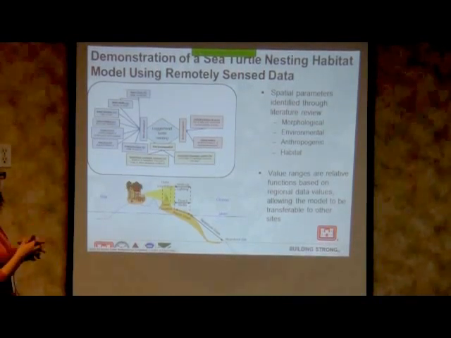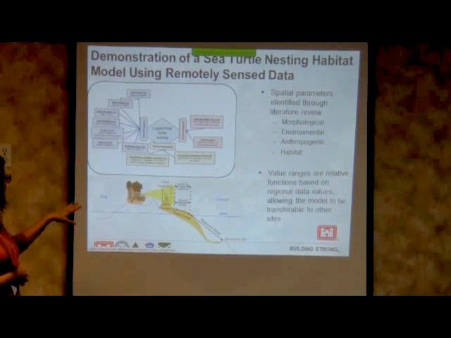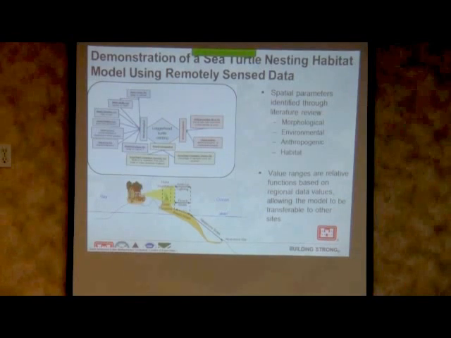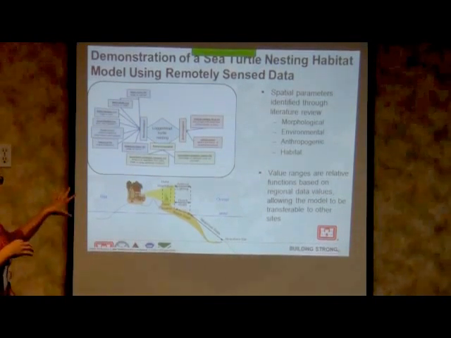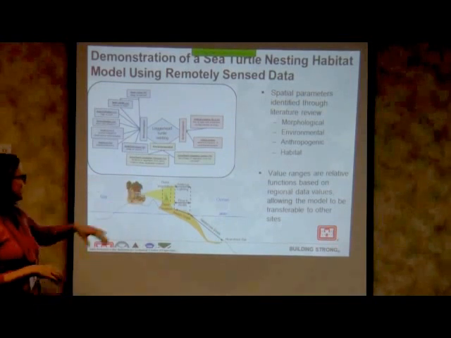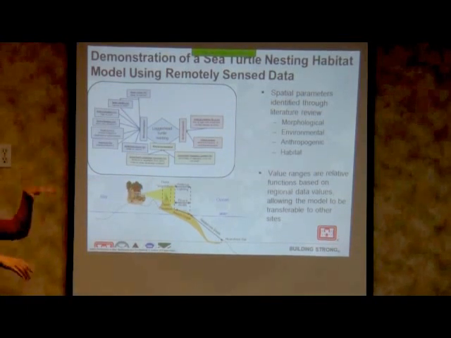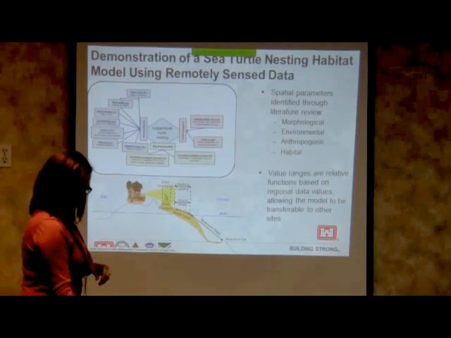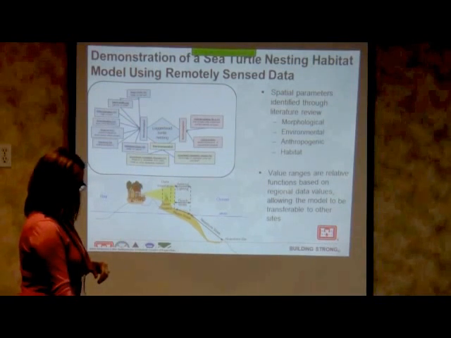So we focused on those, and you have a little cartoon at the bottom that shows the ones that have the biggest impact: artificial lighting, beach width, beach slope, and dune vegetation. The artificial lighting is pretty interesting: we're looking at building height and dune height to understand how much of the light on shore is actually getting onto the beach, because that's a critical parameter for the turtle species.